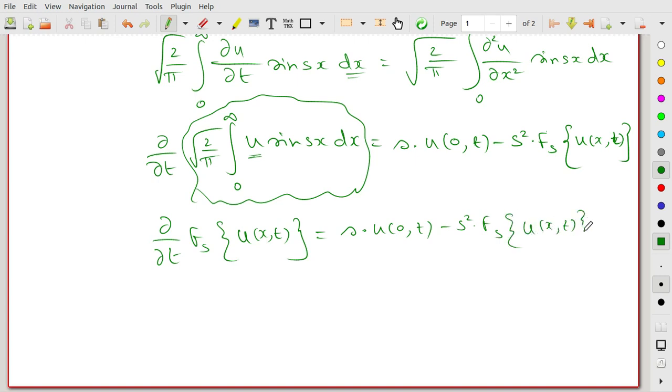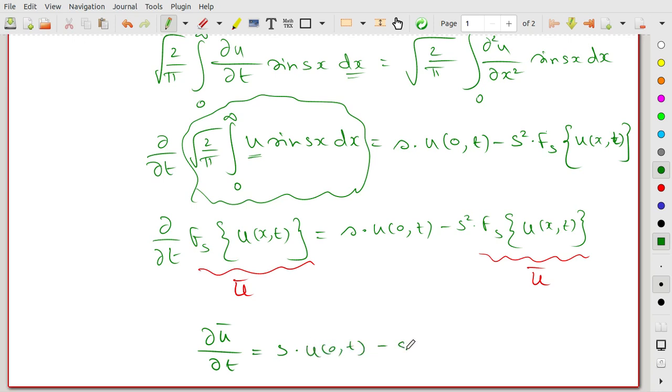For simplicity let me write this as u bar, where u bar represents the Fourier sine transform of u. Therefore this equation can be written as dou u bar by dou t equals s into u of 0 comma t minus s square u bar.